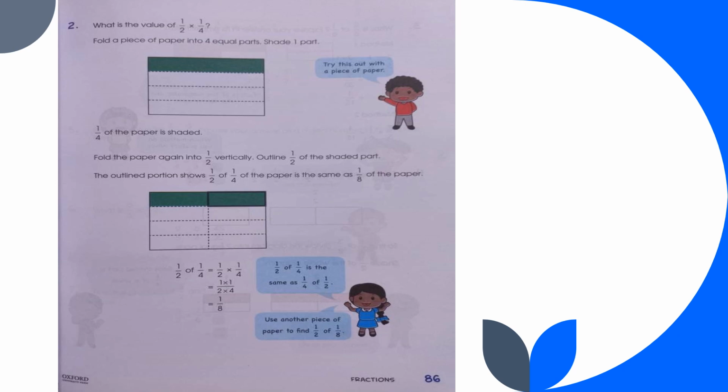Now, when you fold the paper vertically into half again, and then outline the half of the shaded part, you will see that once you open the paper, 1/8 part of the total paper is highlighted and outlined, which represents the exact same answer which we found with the help of the multiplication. So Mrs. Tan ate 1/8 of the whole pizza.